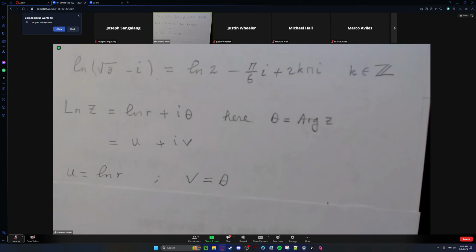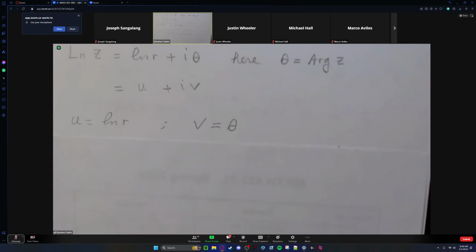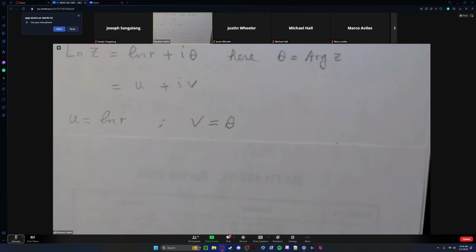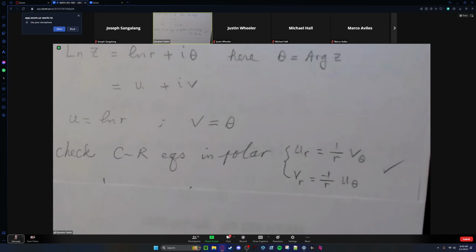Well, here I need to express the Cauchy-Riemann equations in polar form. The Cauchy-Riemann equations in polar are these.